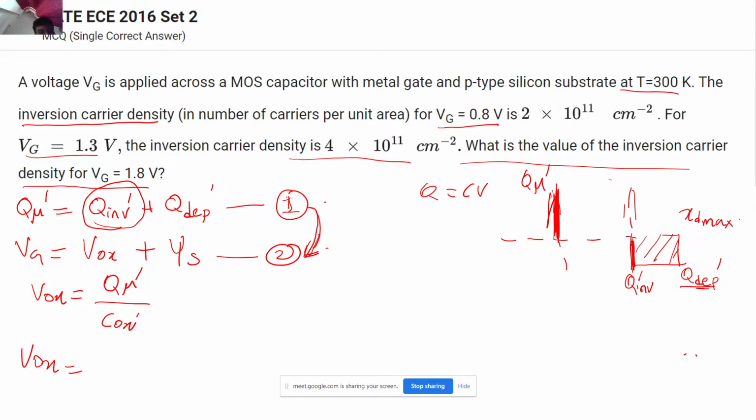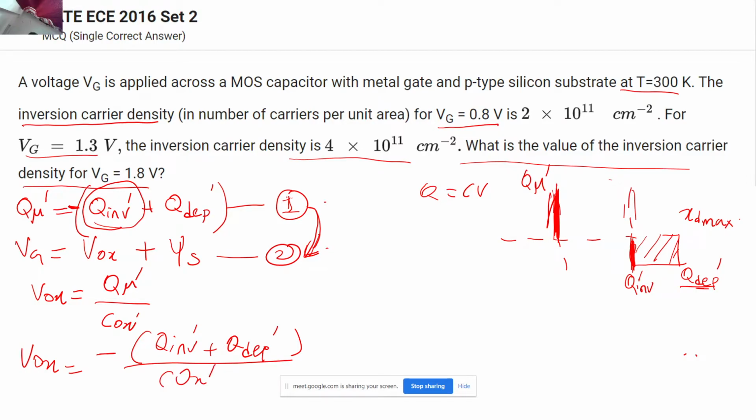just a minute. See, these charges should be of opposite sign, right? This is the positive and this is the negative, so there should be a negative sign over here. So it is negative of Q inversion plus Q depletion dash divided by Cox dash, correct?